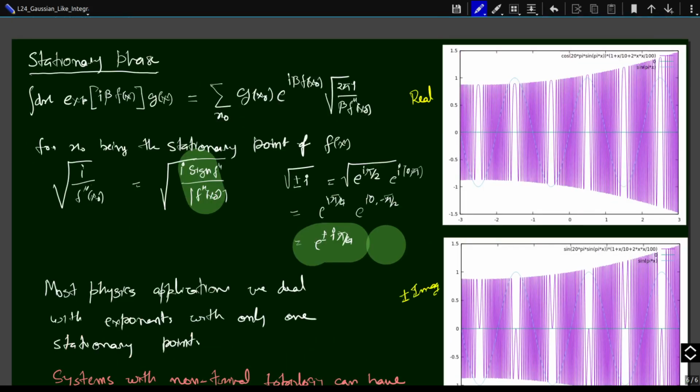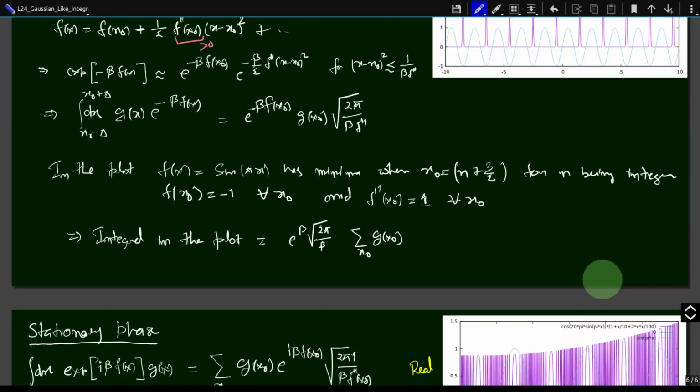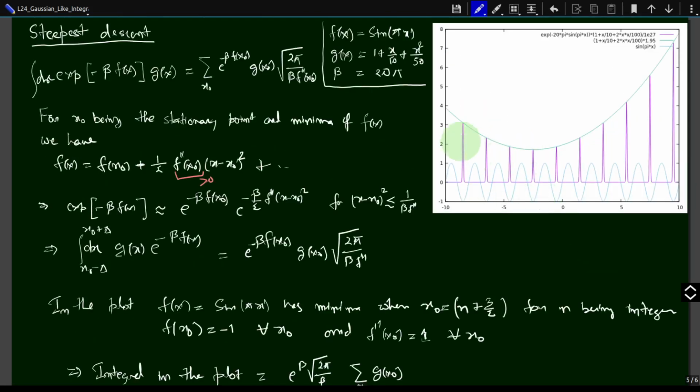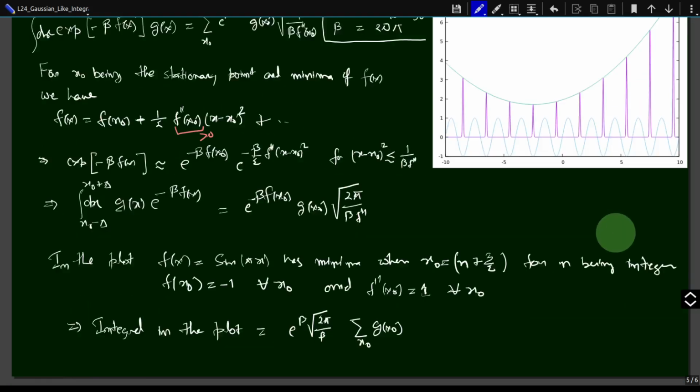So with this I conclude this lecture, and basically this is an example of various mathematics, and these plots, I don't know if you find them anywhere, I plotted them for this particular lecture to show how under this situation the Gaussian integral basically acts like delta functions and picks up the values over there.